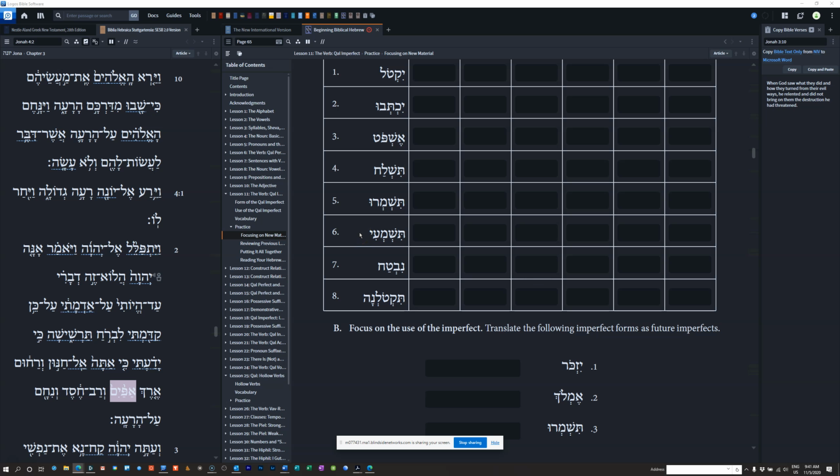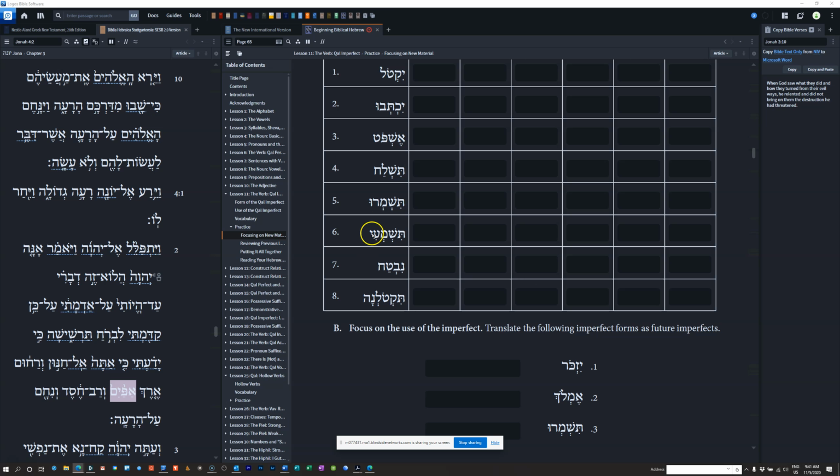All right. Moving on to our next one, number 6, we've got tishmeri. You might be able to start to see a pattern here. In these 5-letter ones, you have something at the beginning and something at the end. The end will tell you whether you're singular or plural.